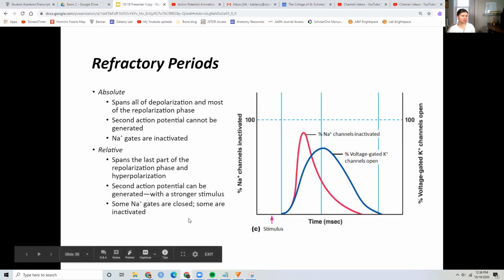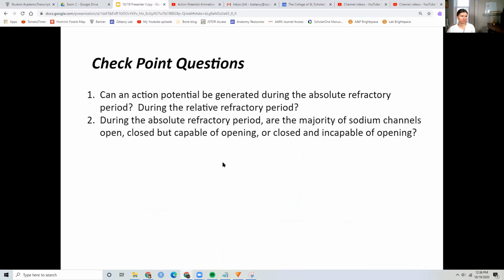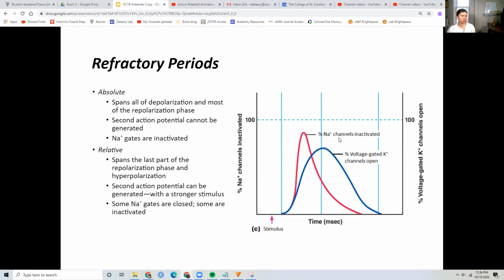This is because some of our sodium gates are just closed. Some of them are actually inactivated. Remember that the difference between closed and inactivated is whether we just have our activation gate closed or whether we have our inactivation gate completely blocking the flow of sodium. And during this relative refractory period, our voltage gated potassium channels are still open, so we're extra negative. It's extra hard to overcome that.